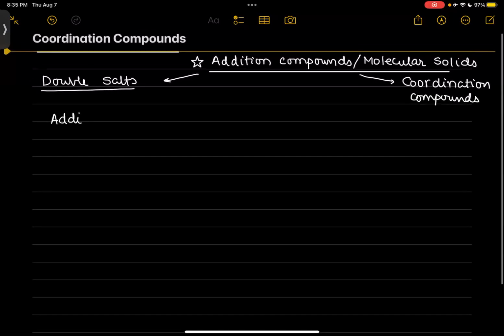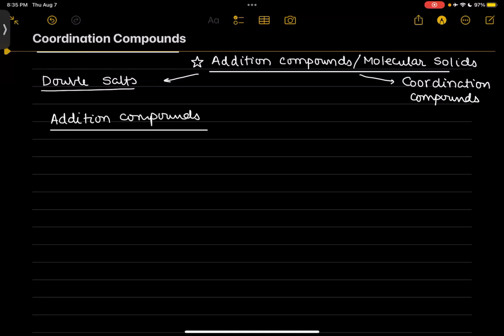Yeah. So what are addition compounds? How will you define them? Then we will start with the examples.